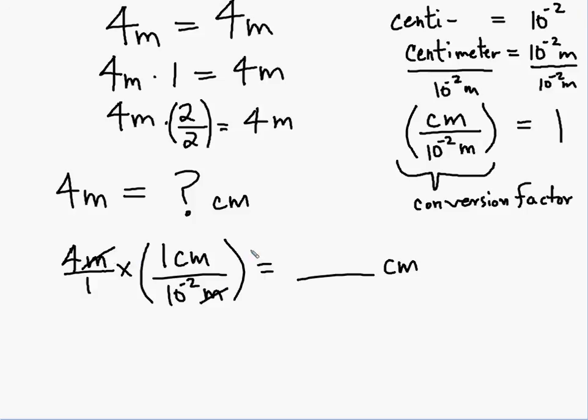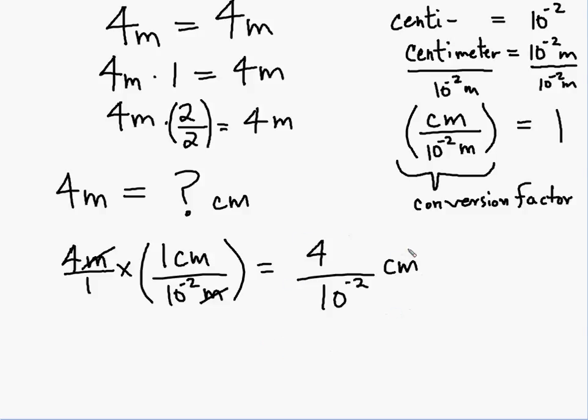These are just like this. They're equal to 1. So what I'm left with is 4 times 1, or 4, centimeters divided by 10 to the minus 2.